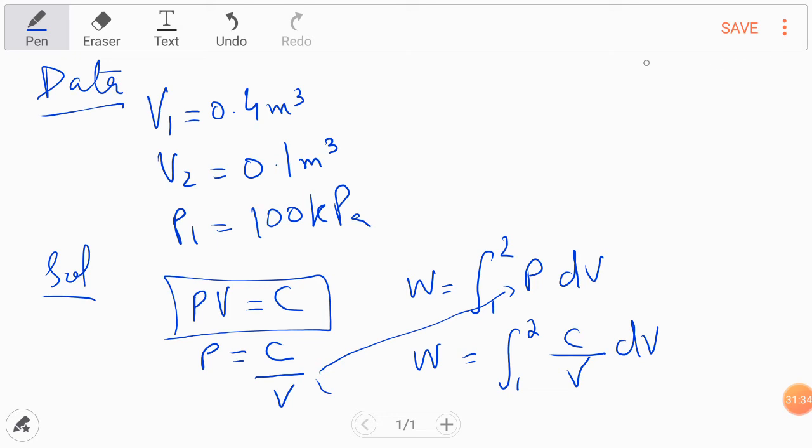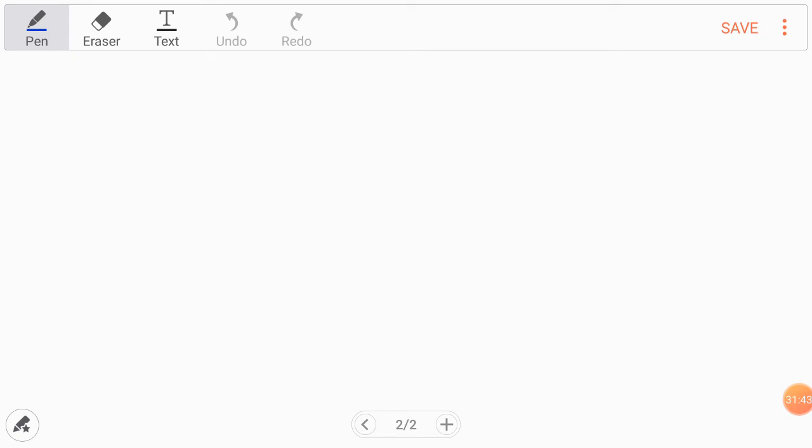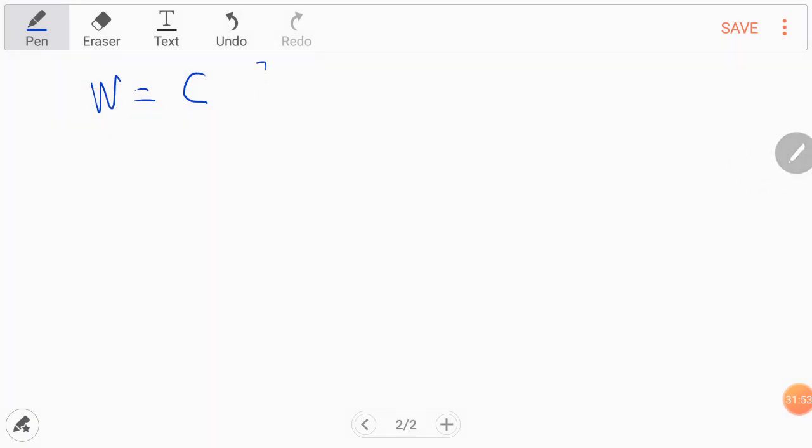Now, work: C is a constant, so it comes out, and the remaining is the integral from state point 1 to 2 of dV over V. You already did this integration in second year pre-engineering.